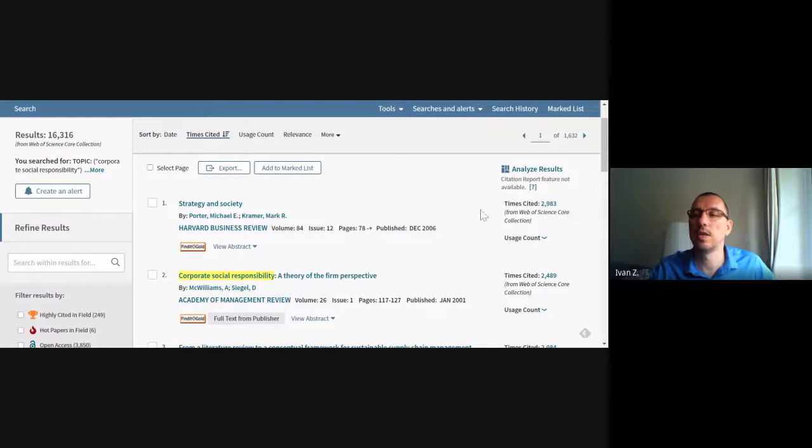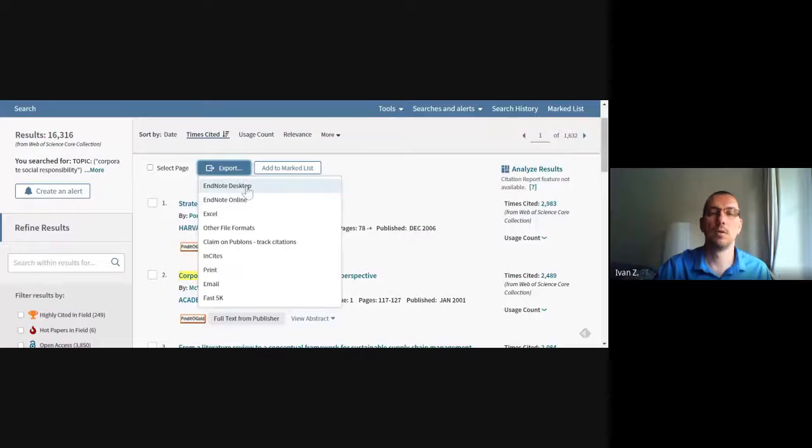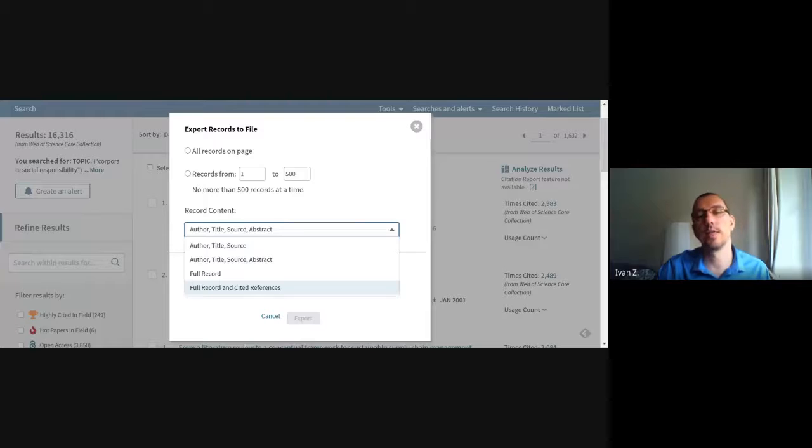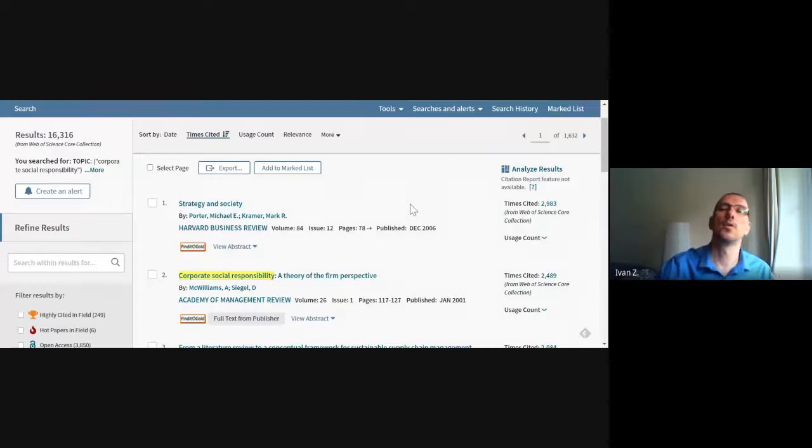And when you export the data from Web of Science, you can do it very simply here. You can export this kind of citation data from the Web of Science, and then these files you will use in the later analysis. So I hope this answers the question.